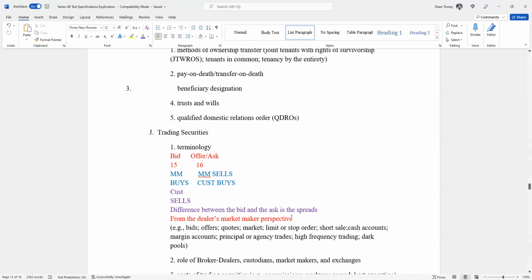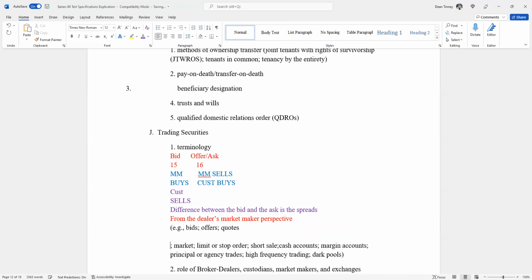Now, as a market maker, I stand willing to buy at least 100 shares at my bid and sell 100 shares at my ask. So bids, offers, quotes.